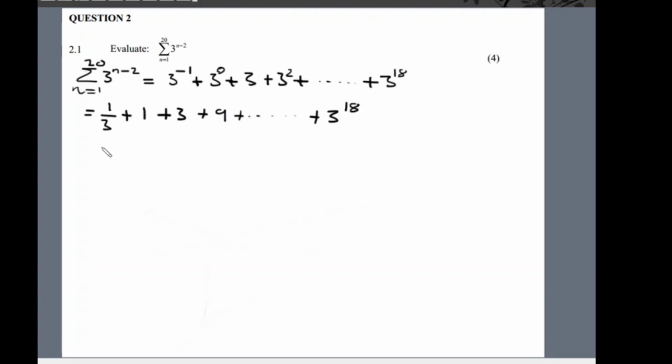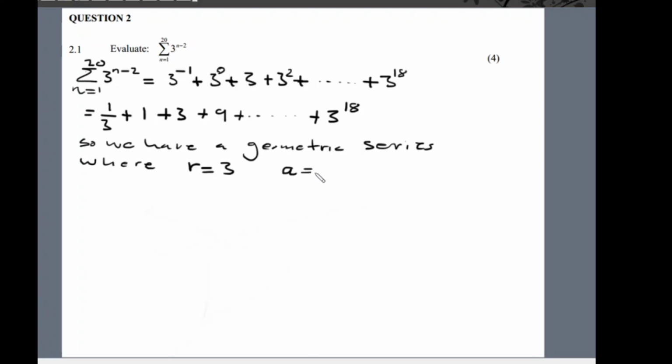Therefore, because we multiply by 3 each time to move to the next term, we have a geometric series, where the common ratio is r equals 3 and the first term is 1 over 3. So we are just summing a geometric series here.